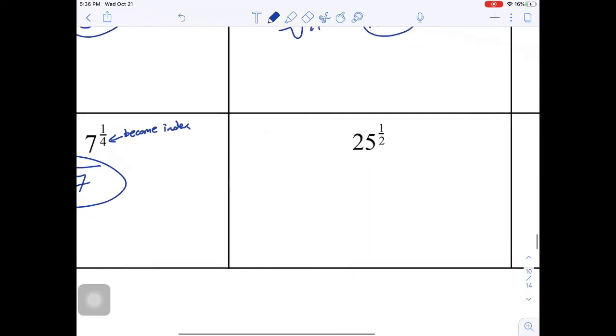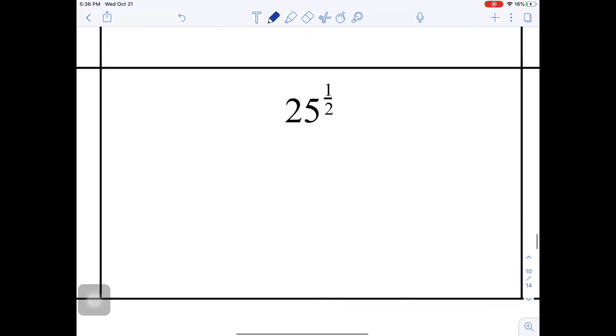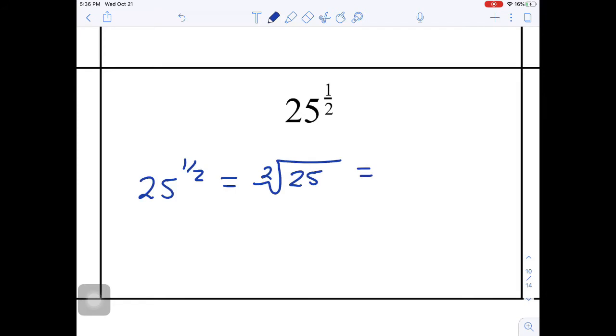Okay, let's move on. 25 to the power of 1 over 2, well, that becomes square root of 25, where the index is 2. And remember, if we have a 2 as our index, we don't technically need to place it there. We actually know what the square root of 25 is. It's 5. So this thing actually equals 5.